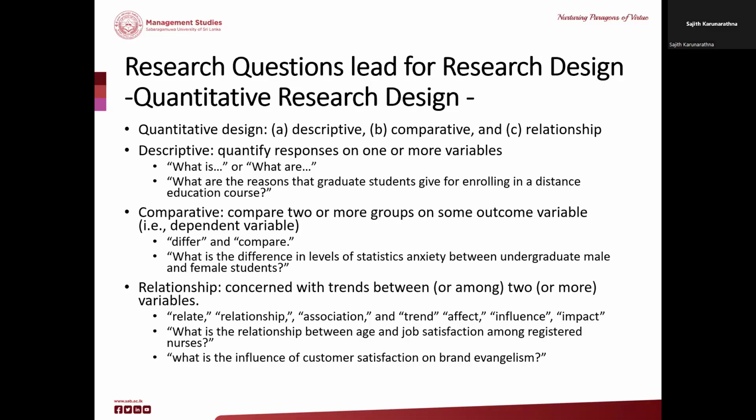Lagged impact means an independent variable related to the previous year can have an impact on the dependent variable related to the current year. So that is also a quantitatively bounded nature of research question.